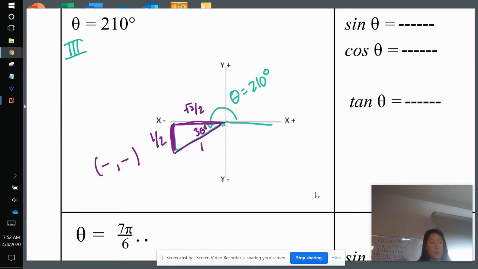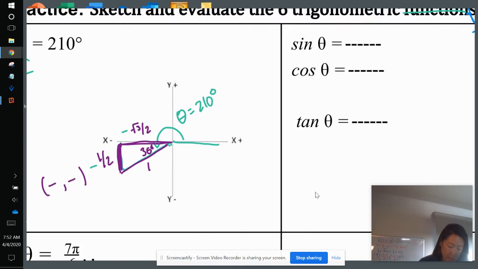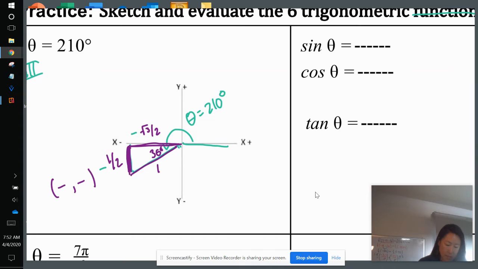We can scale up or down the triangle by any factor, just like you did in geometry or math 2, okay? The problem here is that we're in the third quadrant, so this is going to be negative root 3 over 2 and negative 1/2. Cool? Cool.